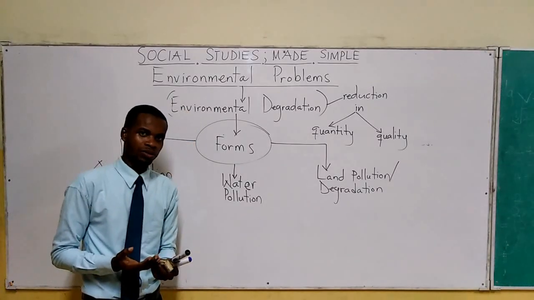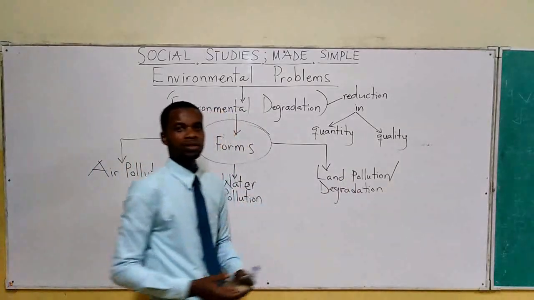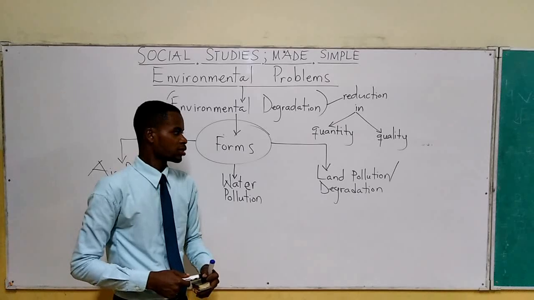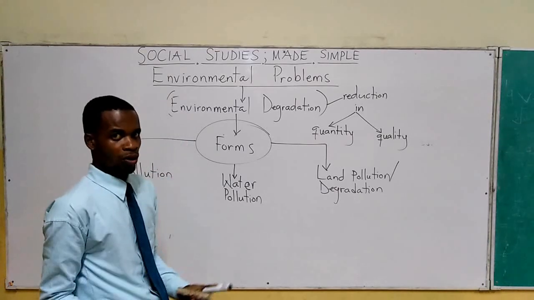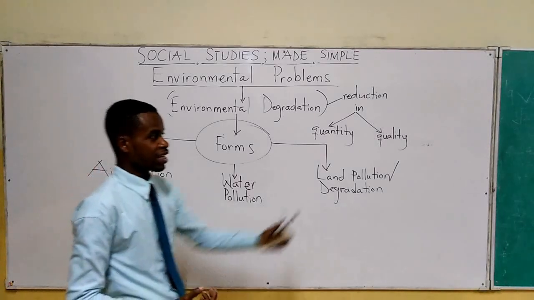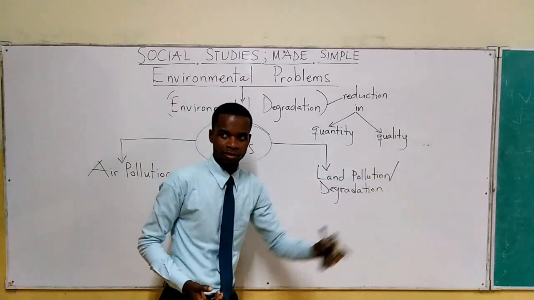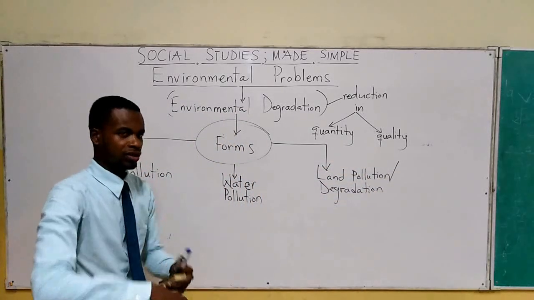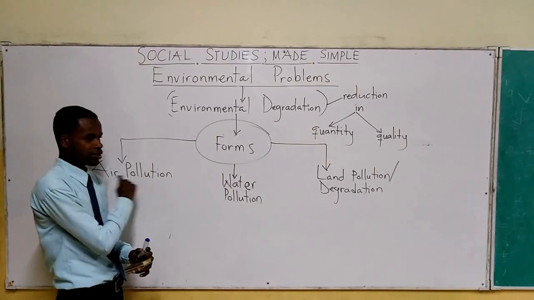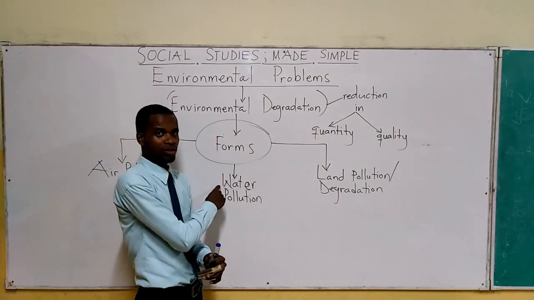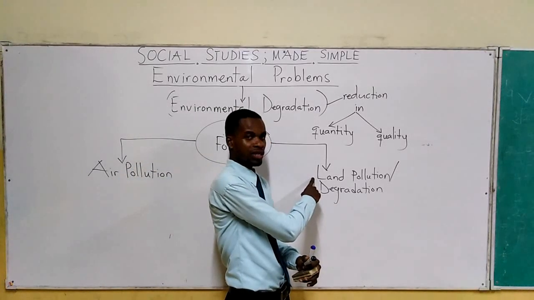This must also be defined, and so must land pollution or degradation. We've already established that there is a reduction in the quantity and quality. This could be a reduction in the quantity and quality of air, of water, and of the land.